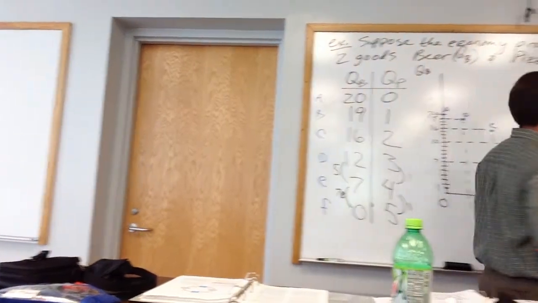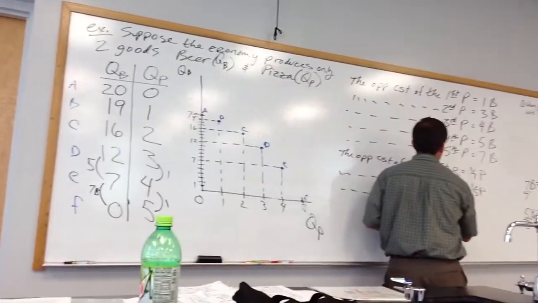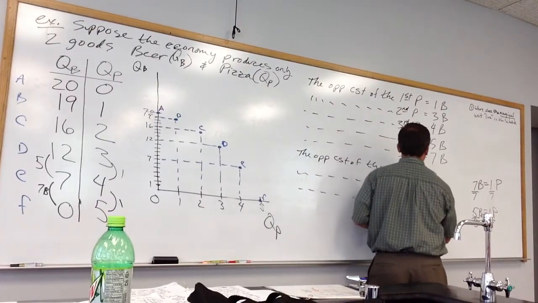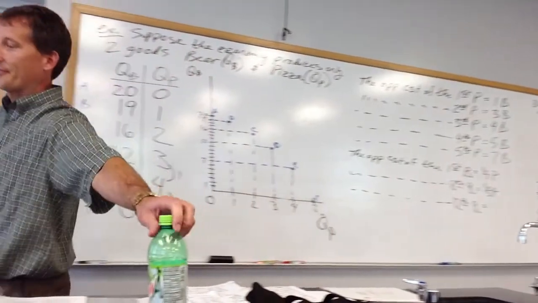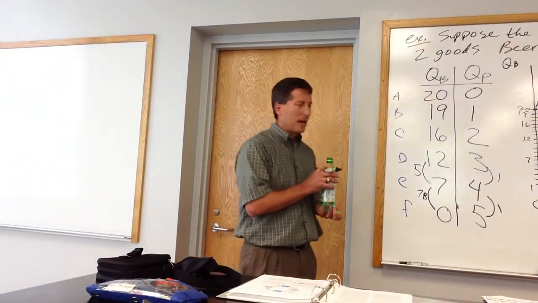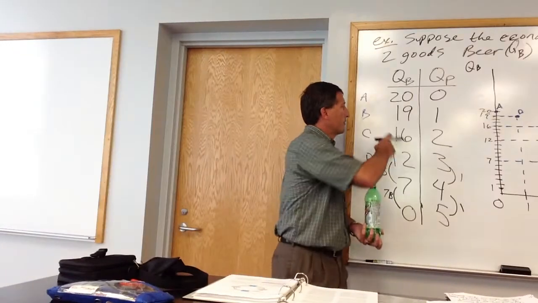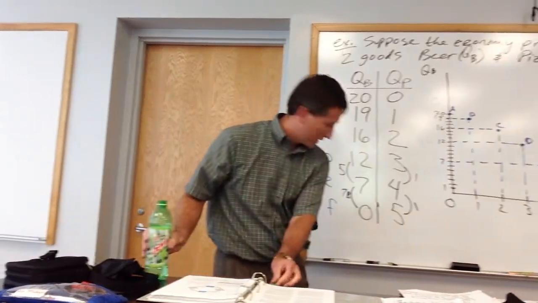Okay, if we're starting to get good at this now, how about the opportunity cost of the 12th beer? One thing that might be a good idea is to start filling in these trade-offs.